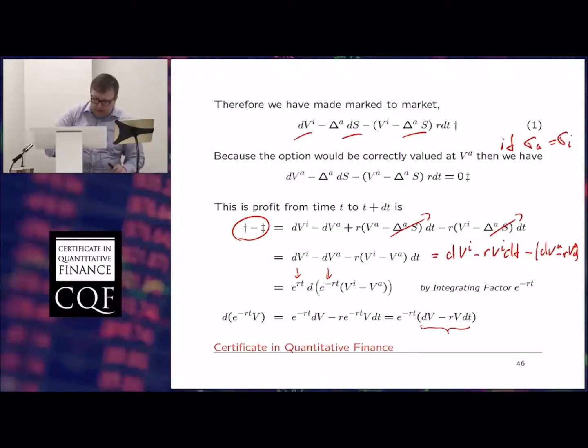But inside, if I see something like dV minus rV dt, I know I can fold it into the derivative, so I can multiply both parts by e to the power of rt.